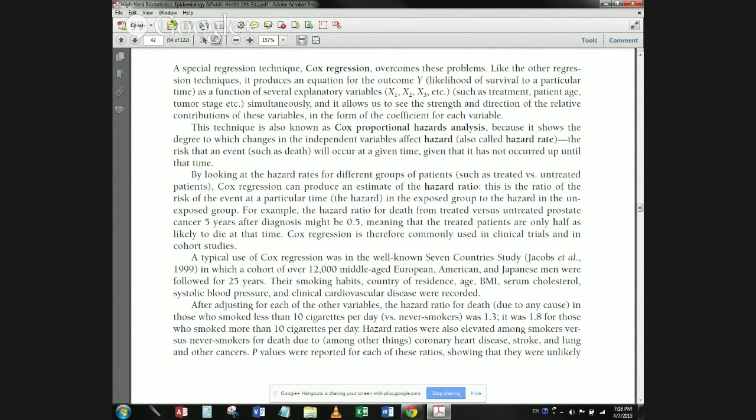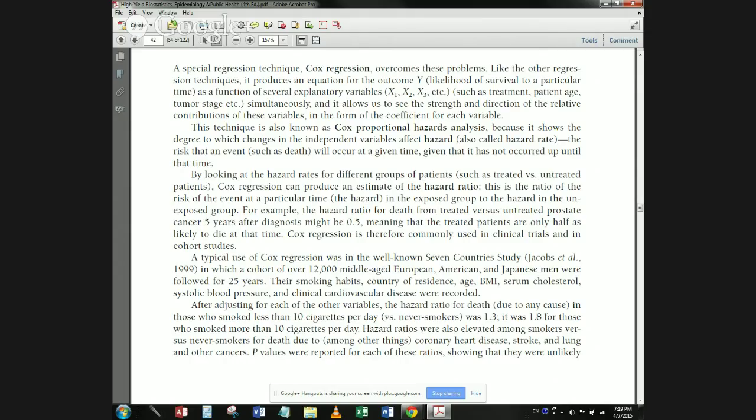This technique is also known as Cox proportional hazards analysis, because it shows the degree to which changes in the independent variables affect hazard, also called hazard rate, the risk that an event such as death will occur at a given time, given that it has not occurred up until that time. By looking at the hazard rates for different groups of patients, such as treated versus untreated patients, Cox regression can produce an estimate of the hazard ratio.